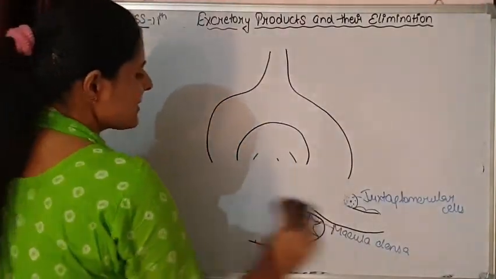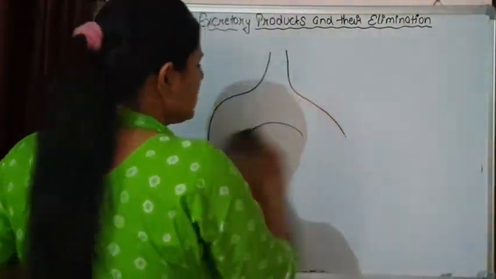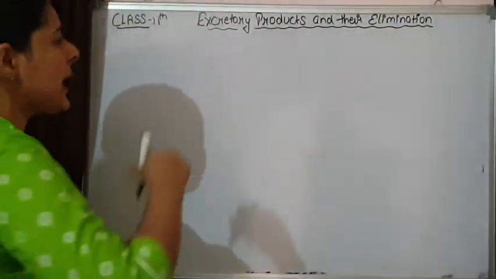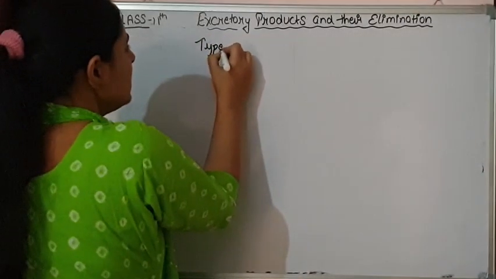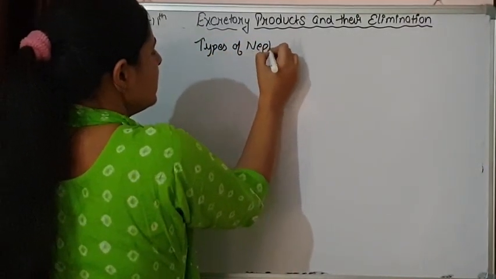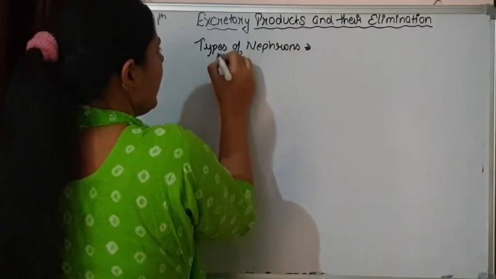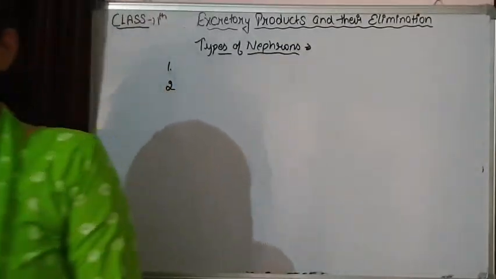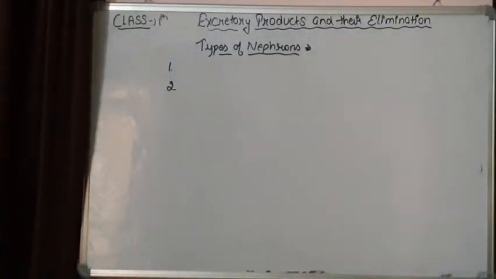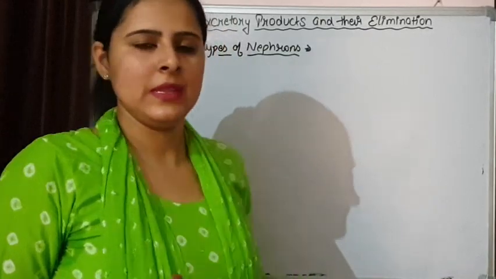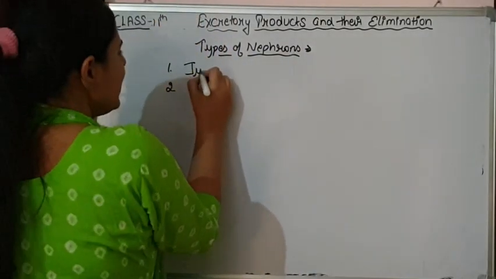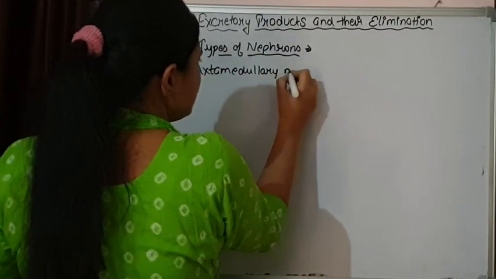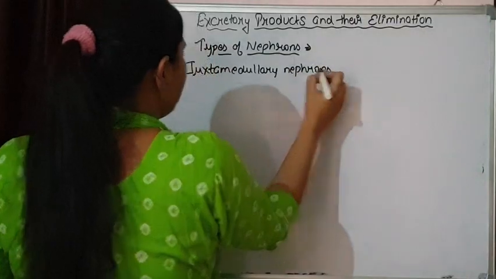Now we are going to discuss the types of nephrons. Two types of nephrons are present: juxtamedullary nephrons and cortical nephrons.